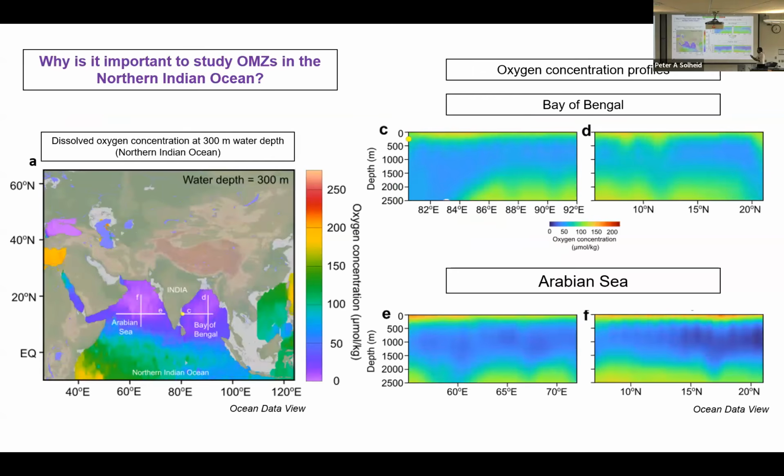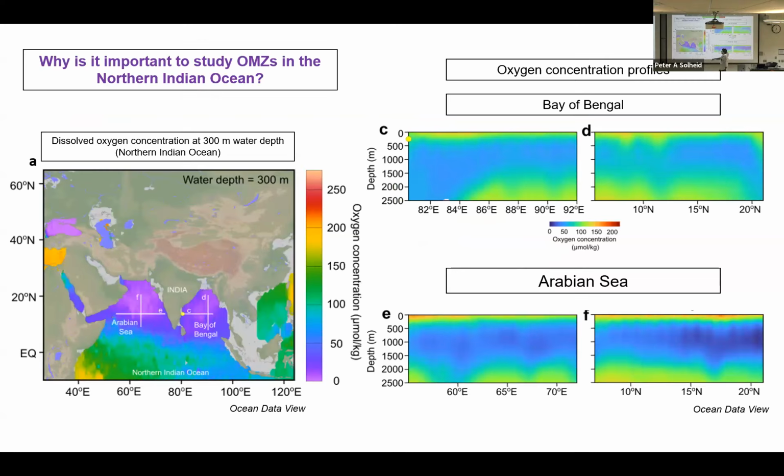So before moving to the next part, why is it important to study these OMZs in the northern Indian Ocean? Here, the OMZ is dominant in both the Arabian Sea and Bay of Bengal, but they are quite different, and this is related to the presence of EMTB. I'll explain.